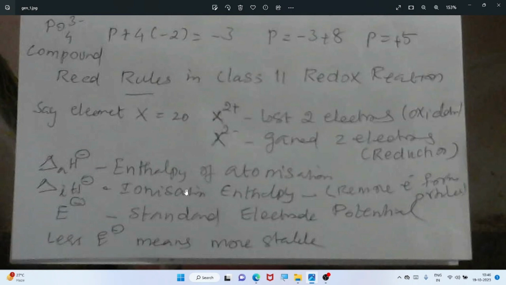The first electron will have less enthalpy than the other electrons, because the most loosely bound electron comes out first. So the first ionization enthalpy will be less than the second, less than the third, like that.